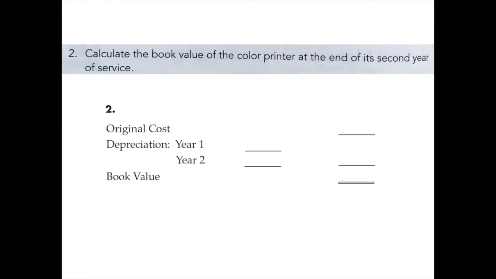Number 2, we're going to calculate the book value of the color printer at the end of its second year of service. So we're going to take the original cost, $950, that was the original cost of our printer. We're going to depreciate it by $160 the first year. We came up with that number in problem 1.